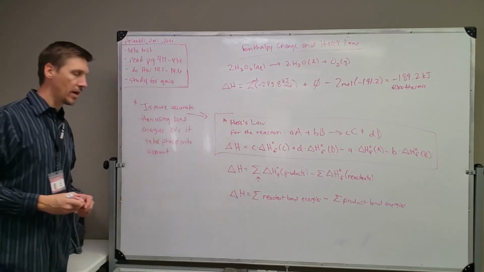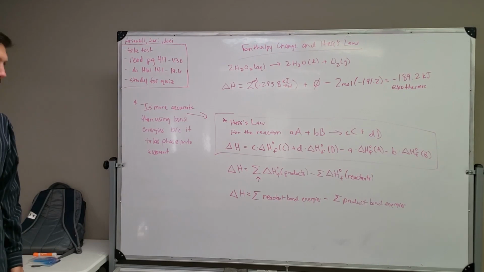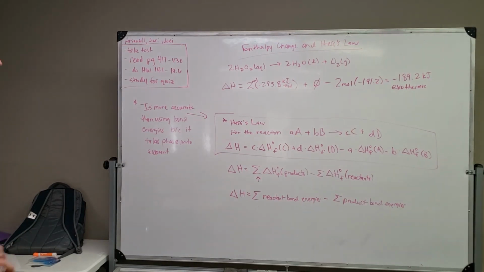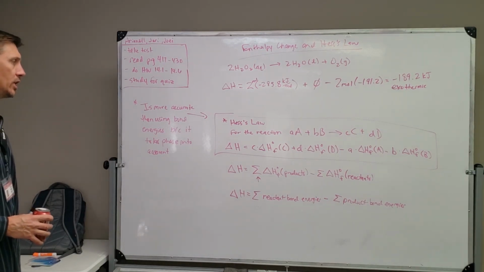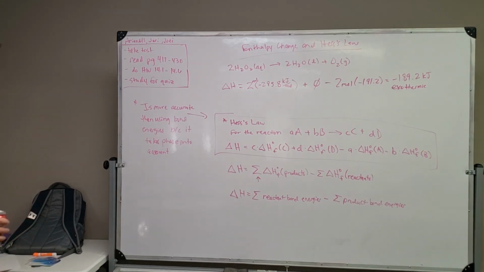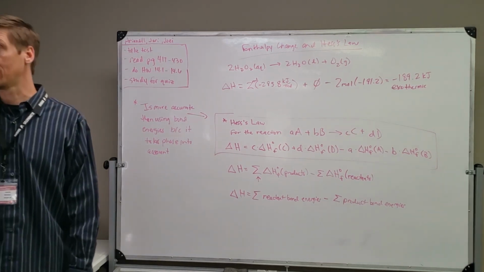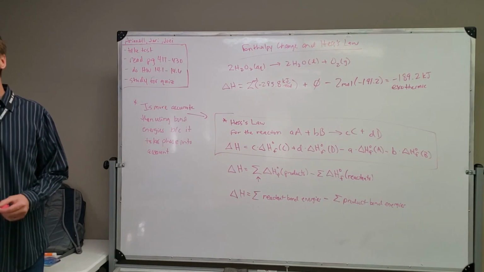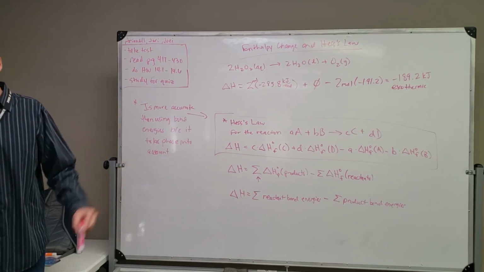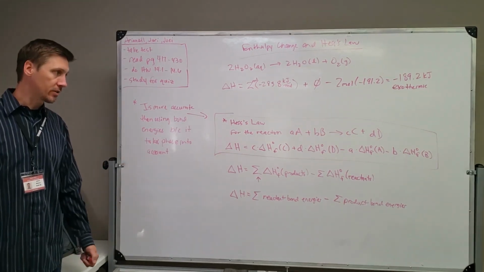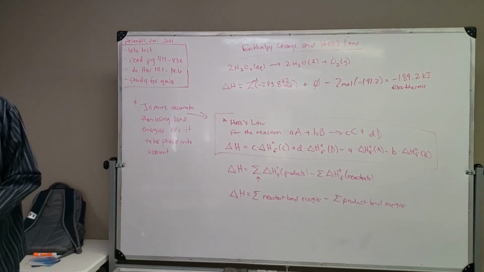So make sure you remember that. If I were to ask you on a test which one's the most accurate of the two, you would say Hess's law. Finding change in enthalpy using Hess's law is more accurate than using bond energies. Or if I asked you why Hess's law was more accurate than using bond energies, what would you tell me? Because it takes phase into account. It includes the phase. All right.